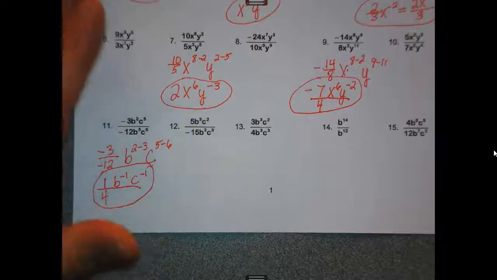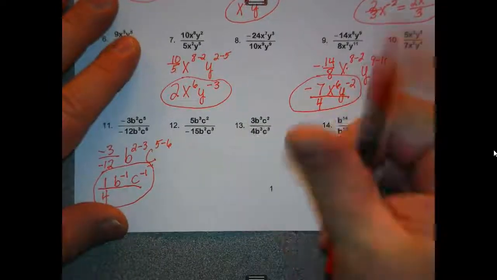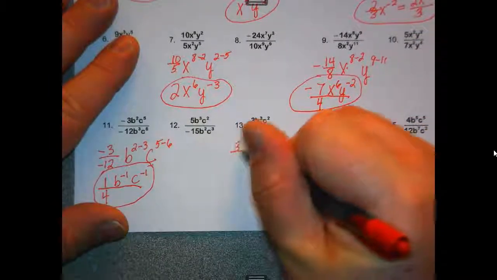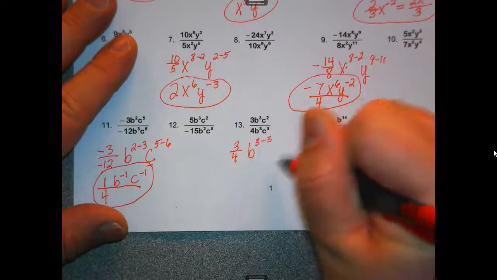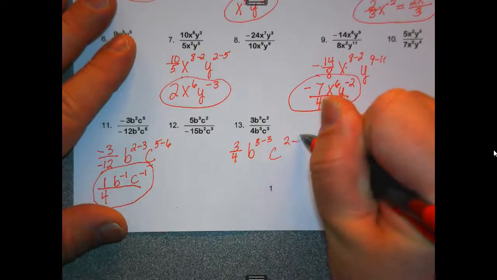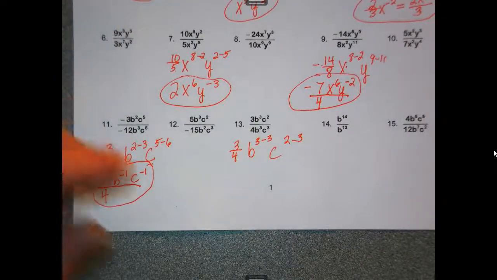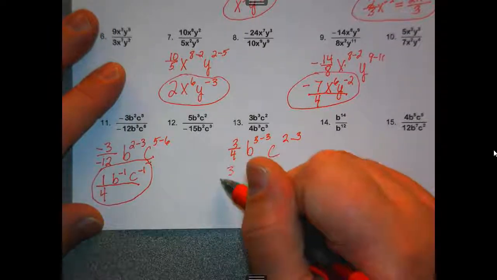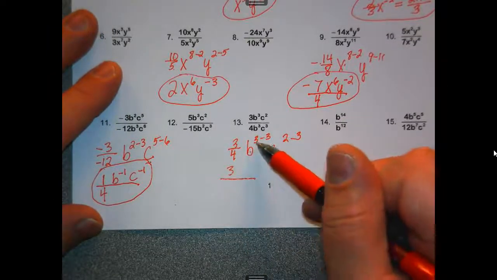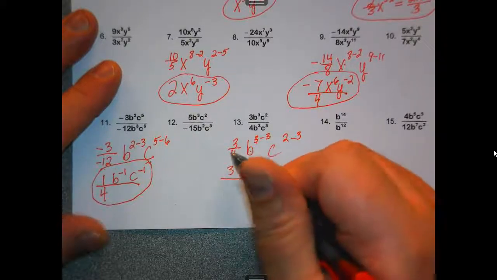All right, number 13. 3/4, b to the 3 minus 3, and c to the 2 minus 3. Nothing I can do with the 3/4. B to the 3 minus 3 is b to the 0.